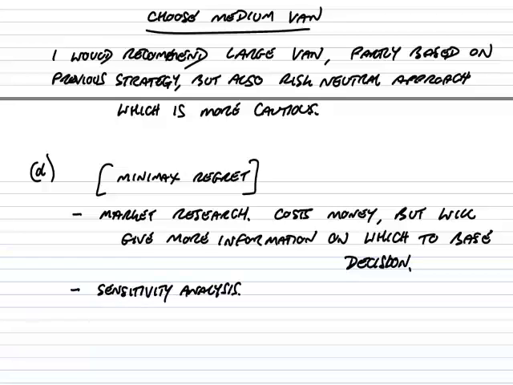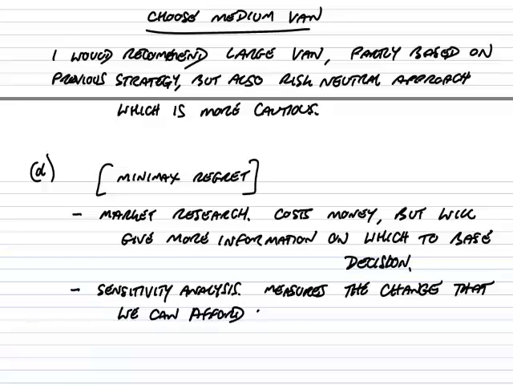And sensitivity analysis doesn't remove the risk, but given that one huge problem is any of our estimates could be wrong, not about the size of the van, but certainly the probabilities, for instance, the sensitivity measures the change that we can afford in our estimates before the decision is affected.